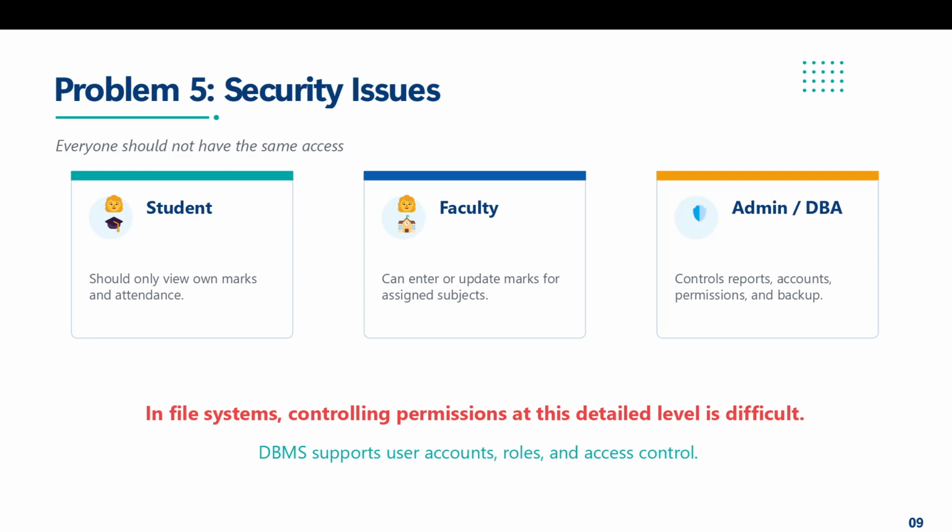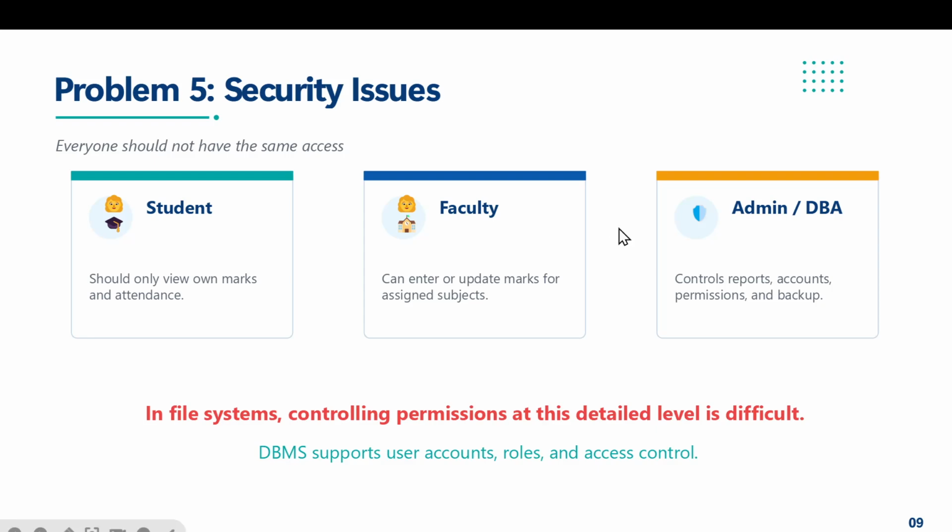Because we cannot give the same access to all the stakeholders. For example, in a college, students should be able to view only their own marks and attendance. And when we consider the faculty, they may be allowed to enter or update the marks. The same access is not given to the student. So it is a problem, right? We cannot give the same access to the student.